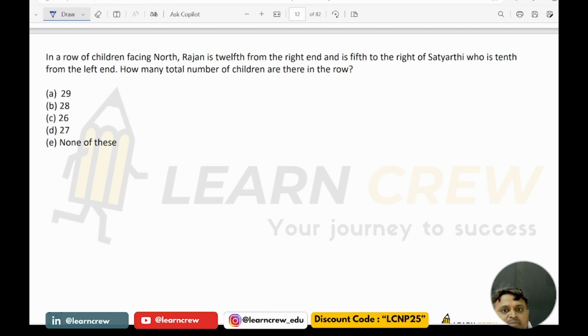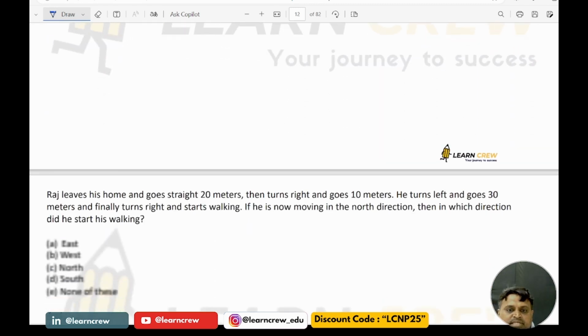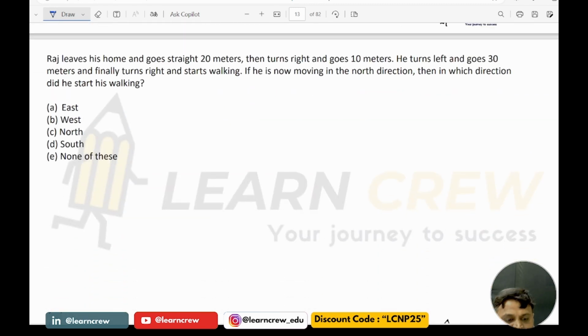So how many total persons are there in the row? The answer would be 10 plus 17 minus 1, which is 26. So the answer is 26, option C.